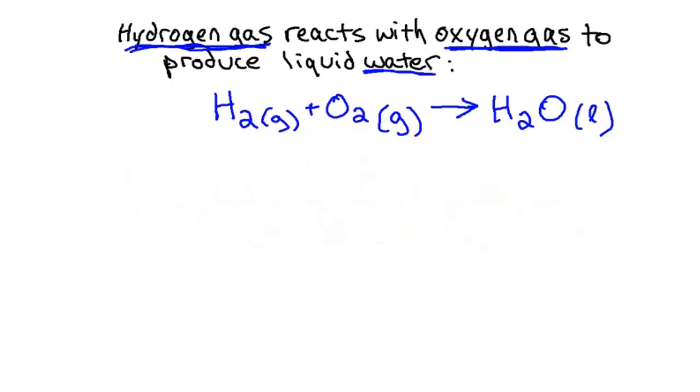Now, when you're balancing equations, we're going to have some number of moles of H2 plus some number of moles of O2, and that's going to yield a certain amount of moles of H2O.